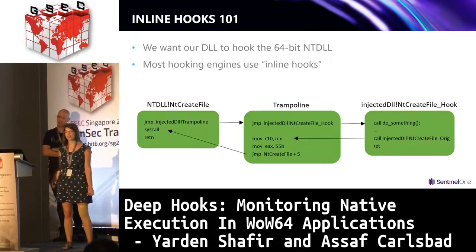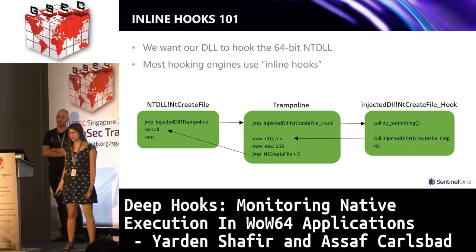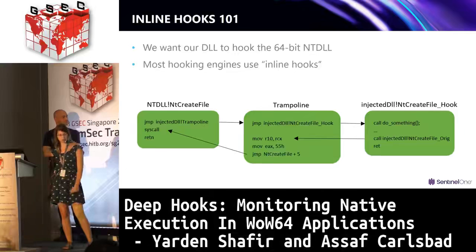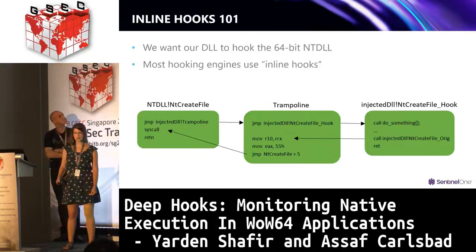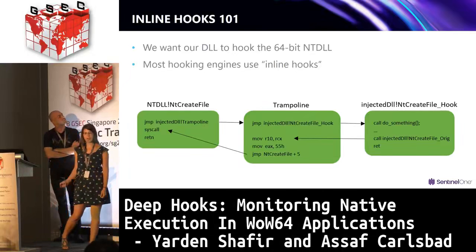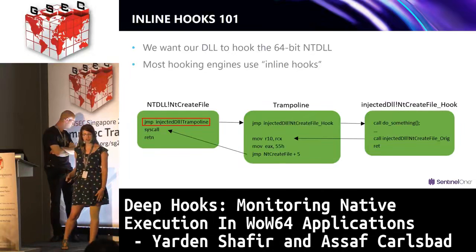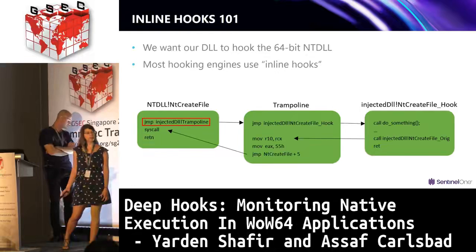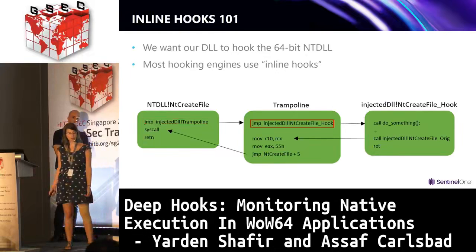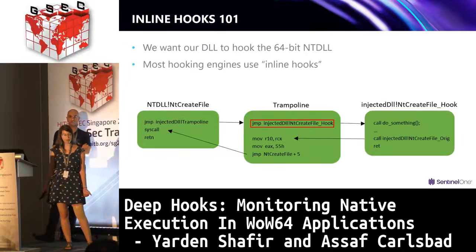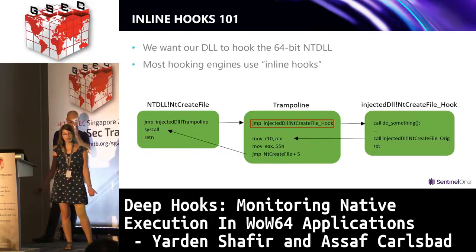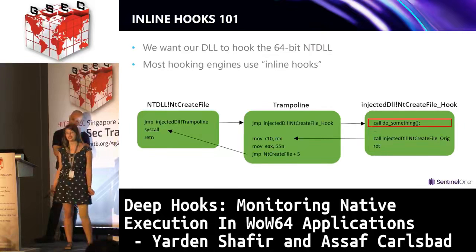A hooking method which is very common in hooking engines, and also the one we used here, is called inline hooks. This method works by overwriting the first few instructions of the hooked function and replacing them with a jump instruction to a memory buffer we allocate inside the process, called a trampoline. This trampoline just forwards the call to our detour function found in the DLL we have just injected.